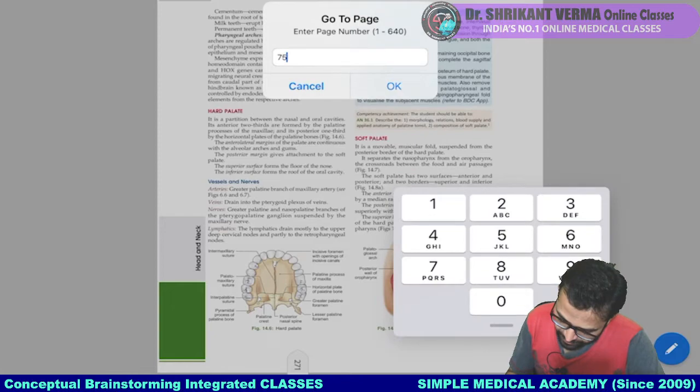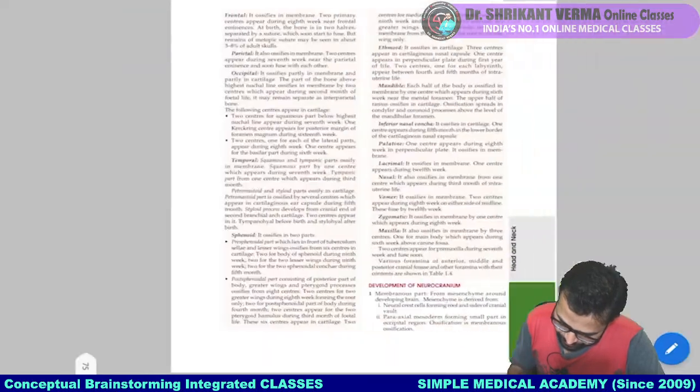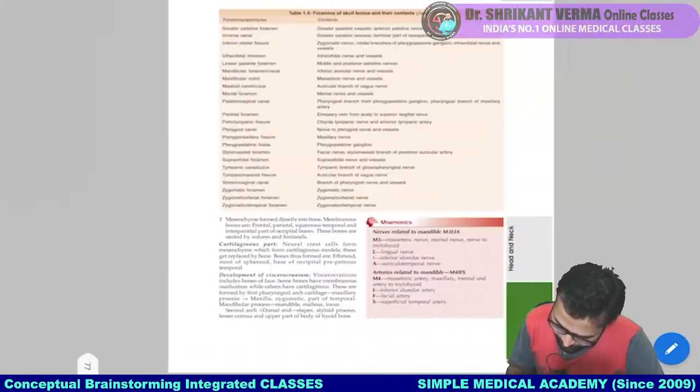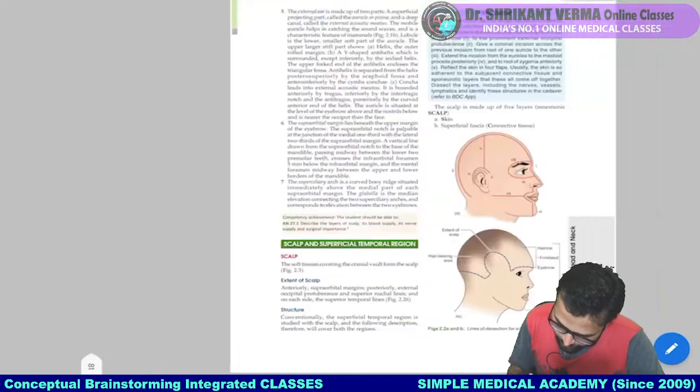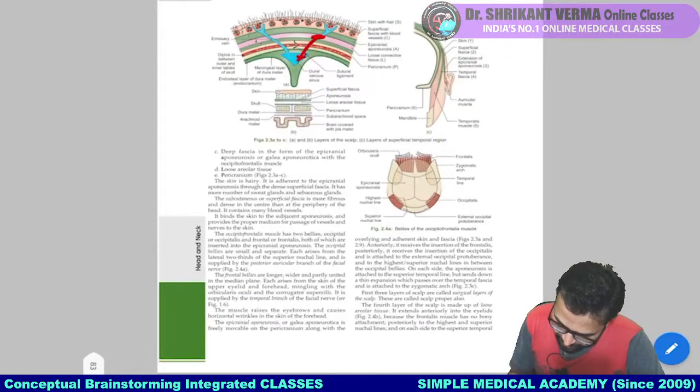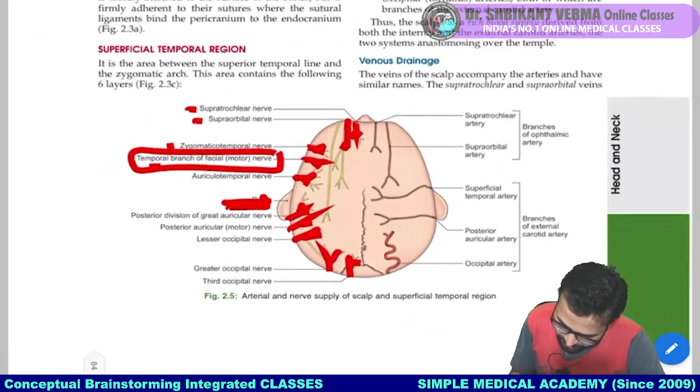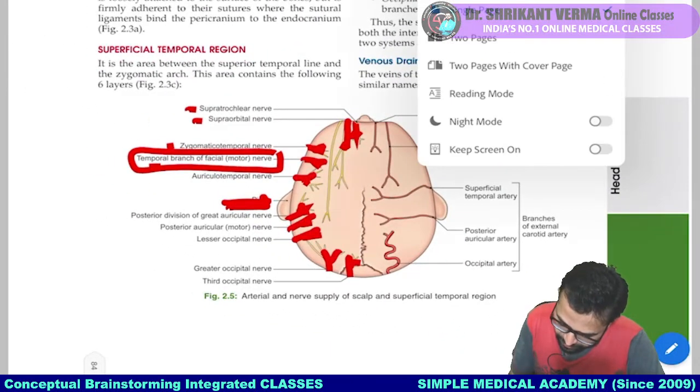So look for the diagram. Yes, so here this is the diagrammatic presentation. We are going to draw this diagram.